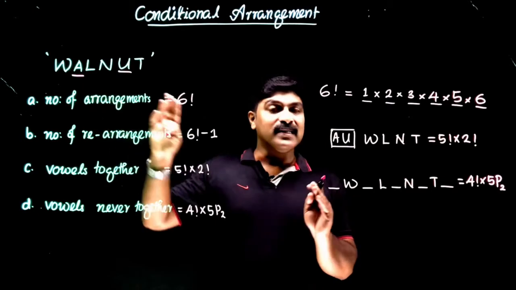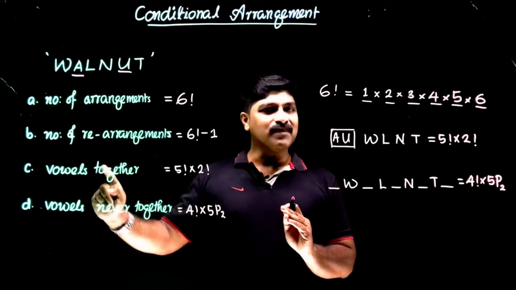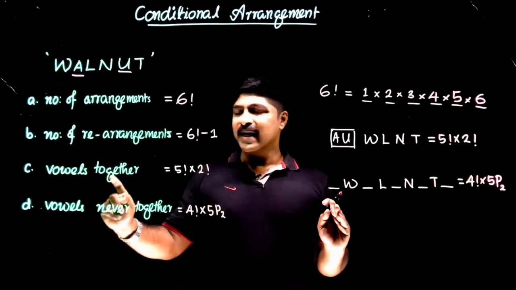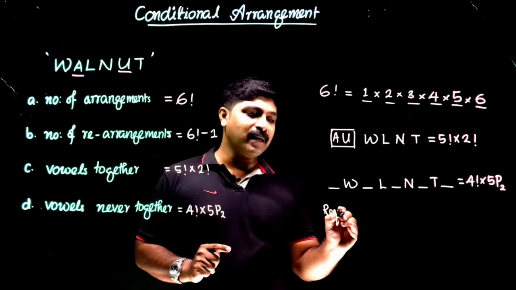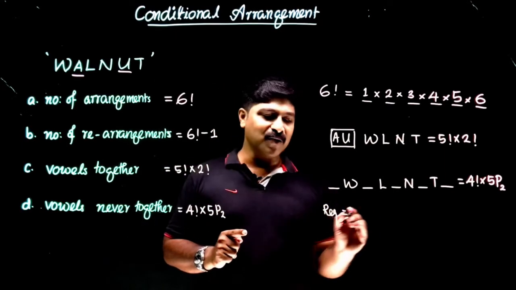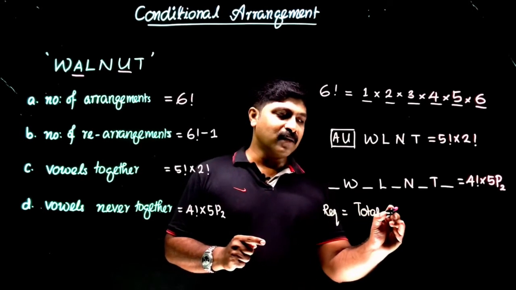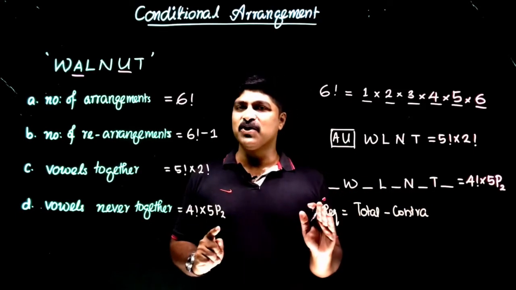Therefore, these 2 statements are direct contradicting statements. So for getting that idea, if you need to consider the required number of arrangements, what do you want to do? You just subtract the contradiction from the total number of arrangements.